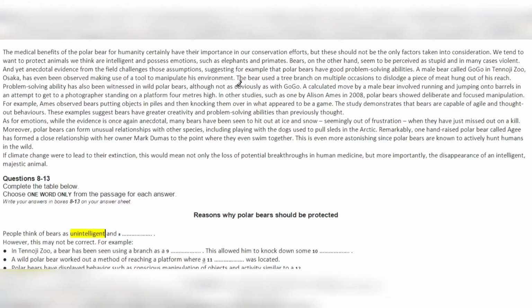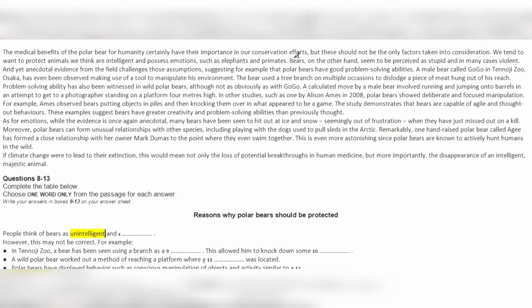Actually, we cannot find the same word as it is, because they give synonyms. So the questions are in order. We first read from the first line and find the synonym. People think of bears as unintelligent. We find the synonym of unintelligent.